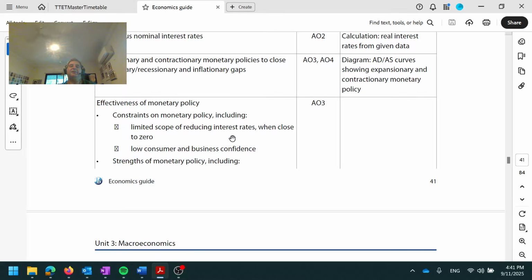Limited scope of reducing interest rates when close to zero. So, in that low interest rate environment, just before COVID or after the GFC and then post COVID, it's what we call the liquidity trap. During those periods where interest rates are that low, it's usually because people are not feeling very confident because of recession.